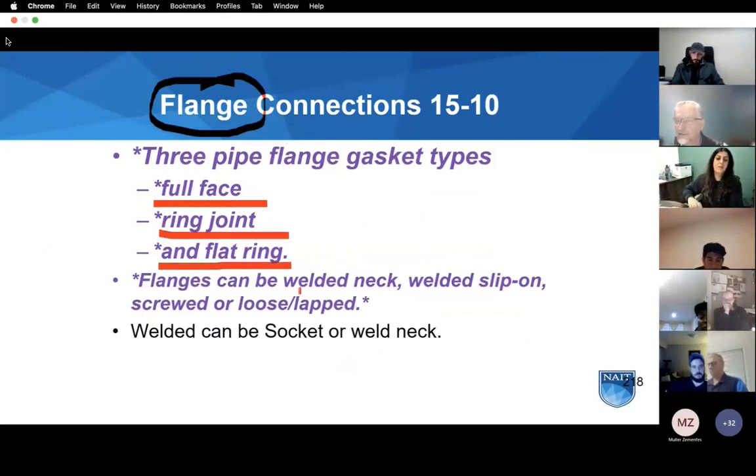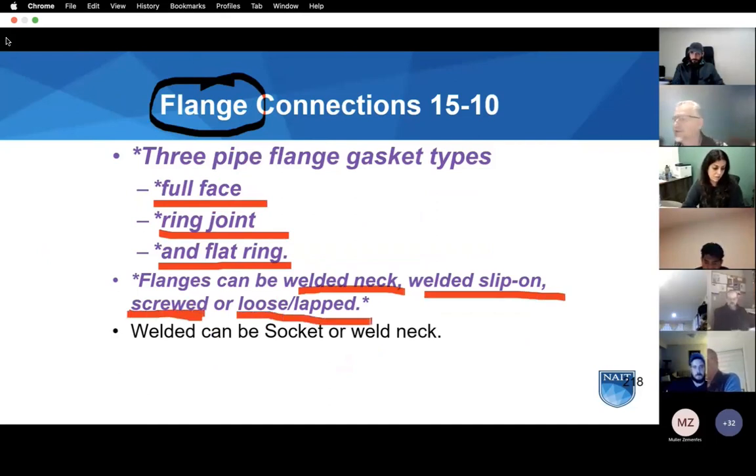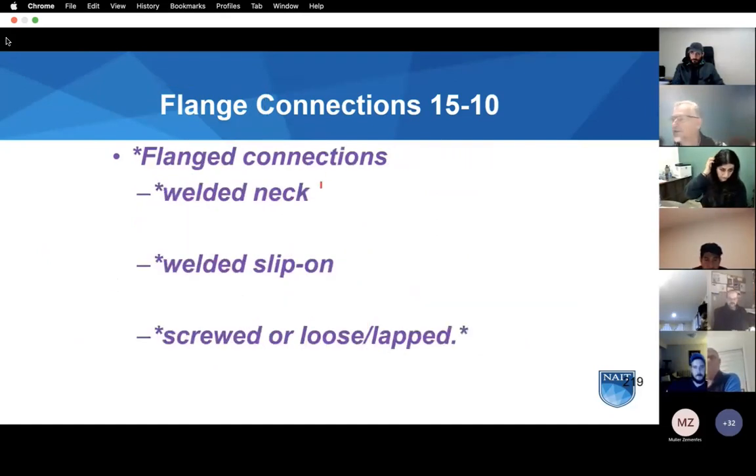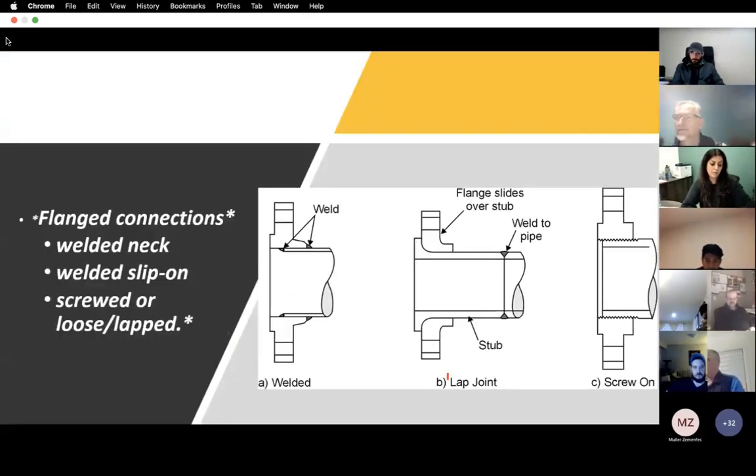Remember that flanges can be welded neck type, welded slip-on type, threaded. Another word for threaded flanges is screwed. And loose flanges is another method. Here's a reminder, there's three kinds of flange connections: weld neck, welded slip-on, and screwed or loose lapped.